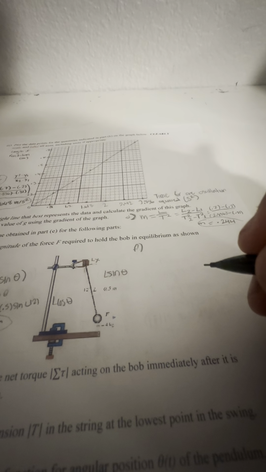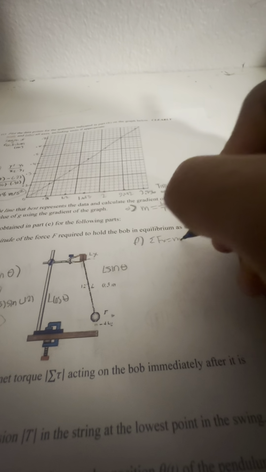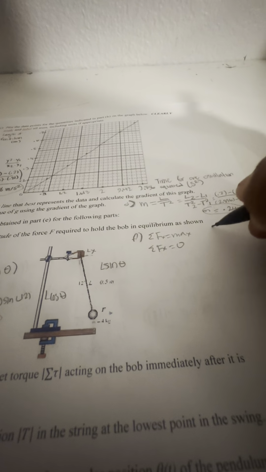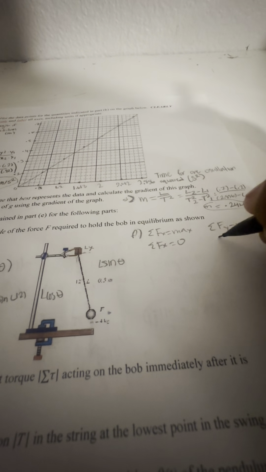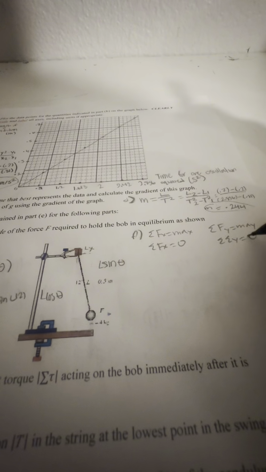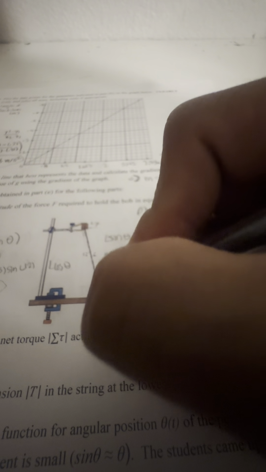Alright, so for part F, in order to find the force required to hold the bob in equilibrium, we know that the net force in the x direction is going to be equal to 0. And we also know that the net force in the y direction is going to be equal to 0 as well. So looking at the forces acting on the bob, we know that there's an F of G pointing downwards.